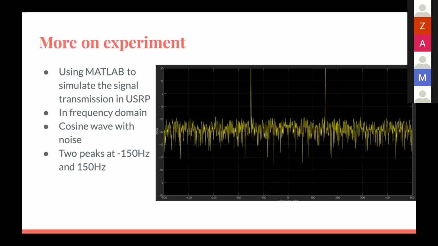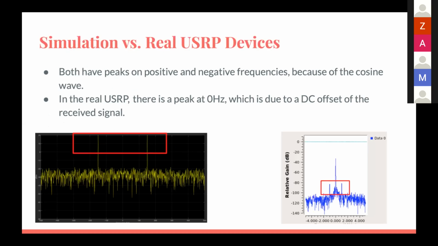Same as with GNU radio, we also simulate the steps in MATLAB. You can see the graph here. It's also a cosine wave, and we can see there are 2 peaks at positive 150 hertz and negative 150 hertz, which is caused by the cosine wave. Next slide, please. This is the comparison of the simulation and the real USRP devices.